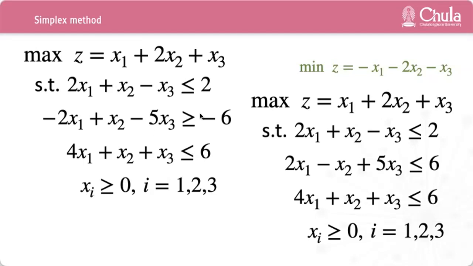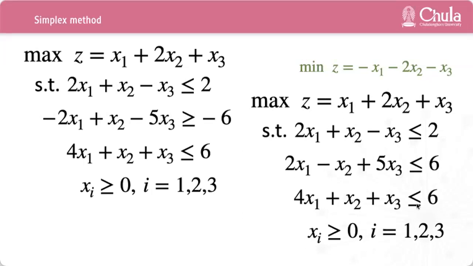We have to rearrange the second constraint. You see that the right hand side is negative, so we have to change it to positive by multiplying this expression by -1. So we obtain 2x1 minus x2 plus 5x3 less than or equal to 6.